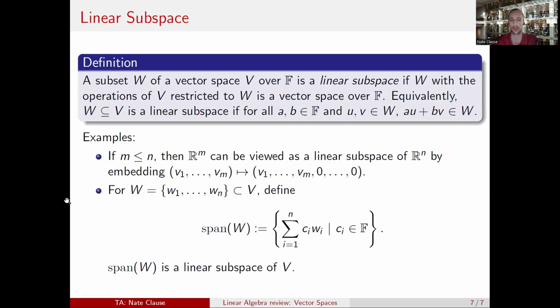Another common linear subspace: if we have W, some set of vectors, inside V, you can define the span of W to consist of all linear combinations of vectors in this set. If you do so, then you can show that the span of W is a linear subspace of V.